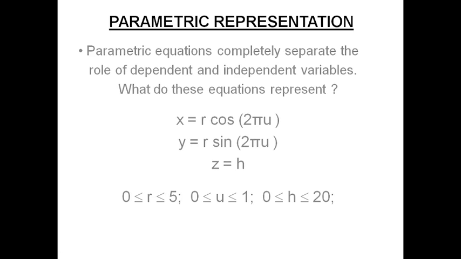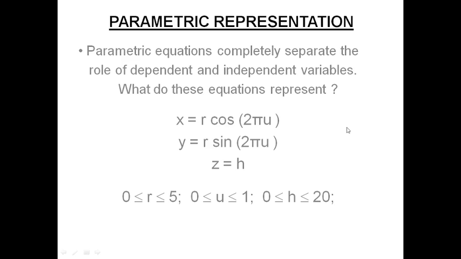Let us do more tweaking with the same equation. Instead of r having a constant value of 5, now you give it a range of 0 to 5. So you can very well imagine that when r varies from 0 to 5, the circle is now covering the whole area from r equal to 0 to r equal to 5, and this is nothing but the set of concentric circles starting from a center point at 0, 0 with a radius of 0 and going up to a radius of 5.